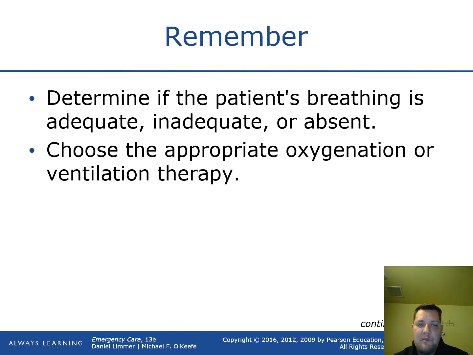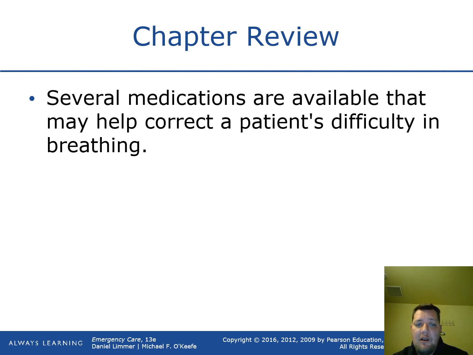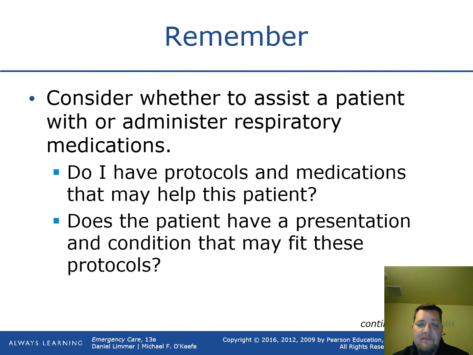So things to remember: you want to determine if your patient is breathing adequately, inadequately, or not breathing at all. Choose the appropriate oxygenation or ventilation therapy. Several medications are available that may help correct a patient's difficulty in breathing. We want to consider whether to assist a patient or administer respiratory medications.